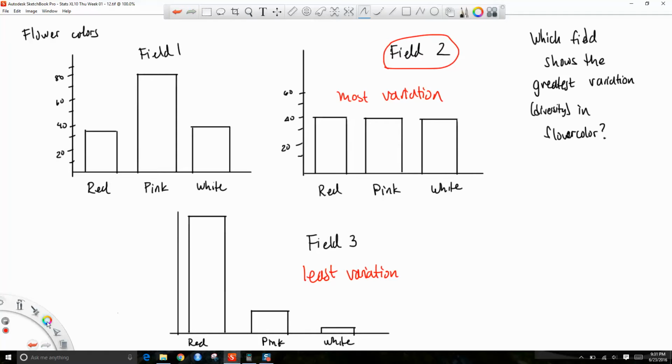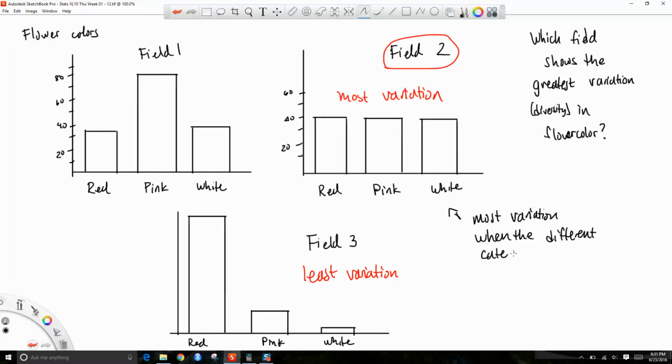For a categorical variable, if the different categories are equally represented, that's the most amount of variation you can have.